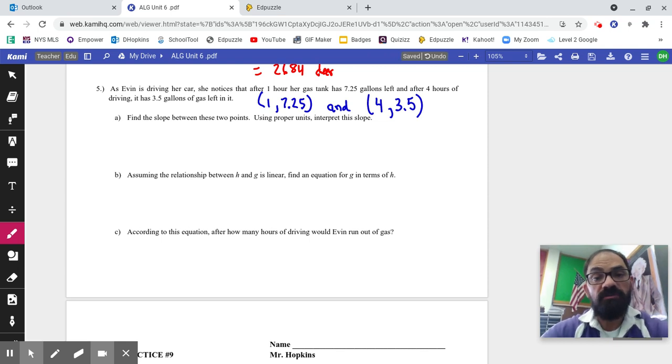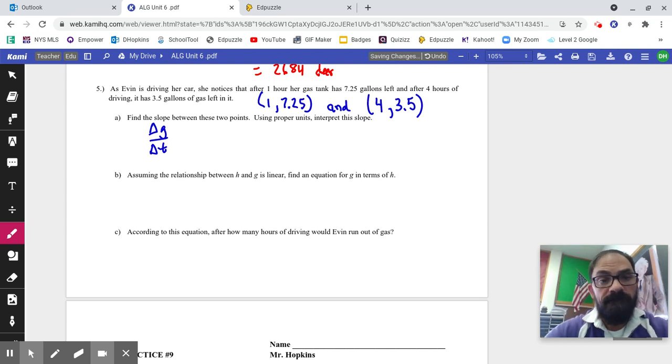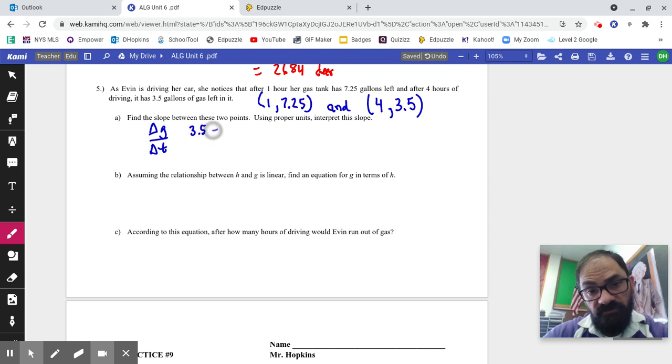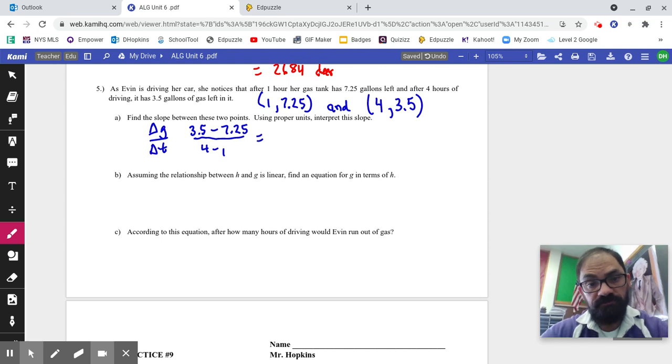So if I did change in y over change in x, or in this case, let's say change in gallons over change in time, we'd have 3.5 minus 7.25, 4 minus 1. So what do we get here?